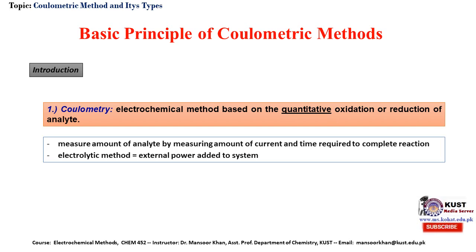So the amount of current added to the system is basically the basis for the quantitative method of analysis. It means if the amount of analyte is greater, a high amount of external current will be required, and if a low amount of current is required, it means that the concentration or the total amount of the analyte which is to be determined is low.